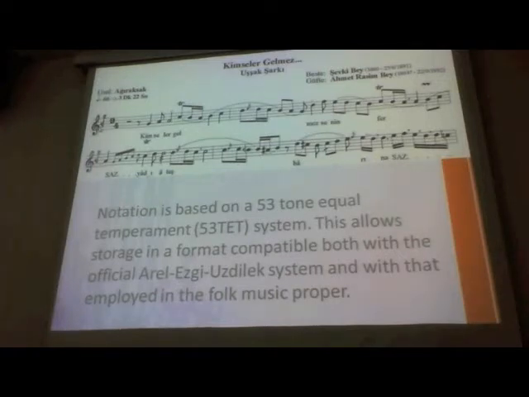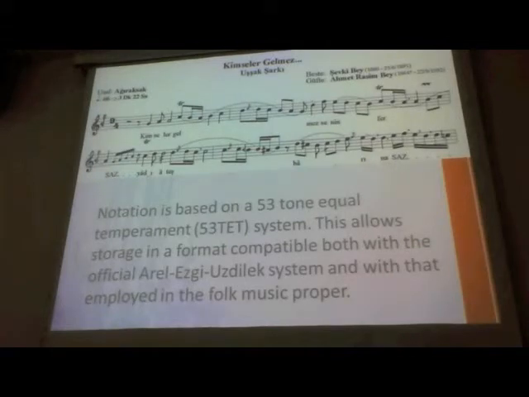This is not usually used in classical Turkish music scores, especially those two signs, but it is used in Turkish folk music. So using the 53-TET system, we combine all of them.